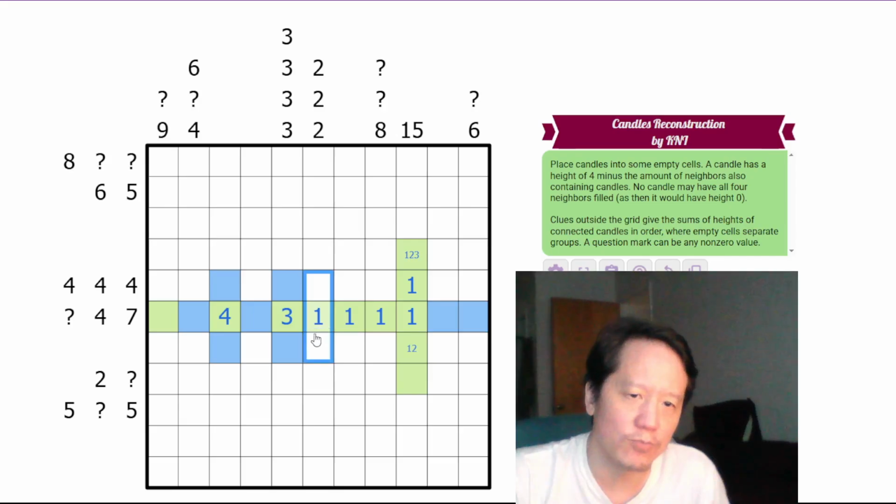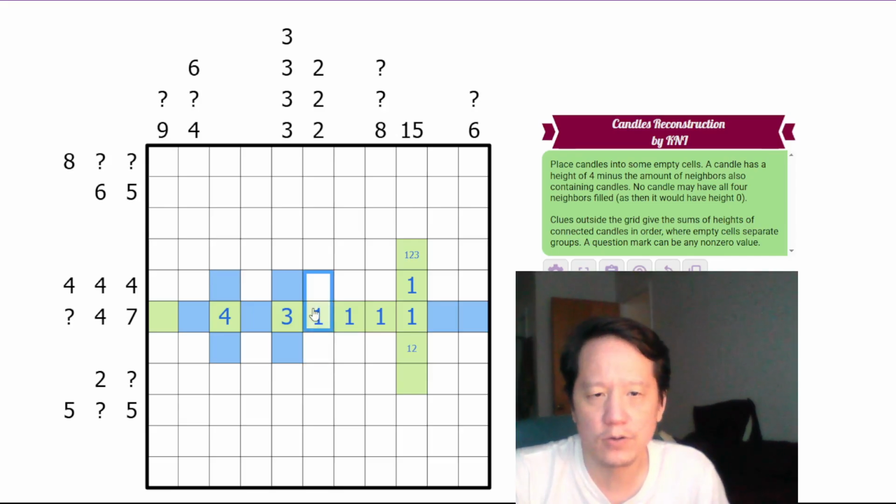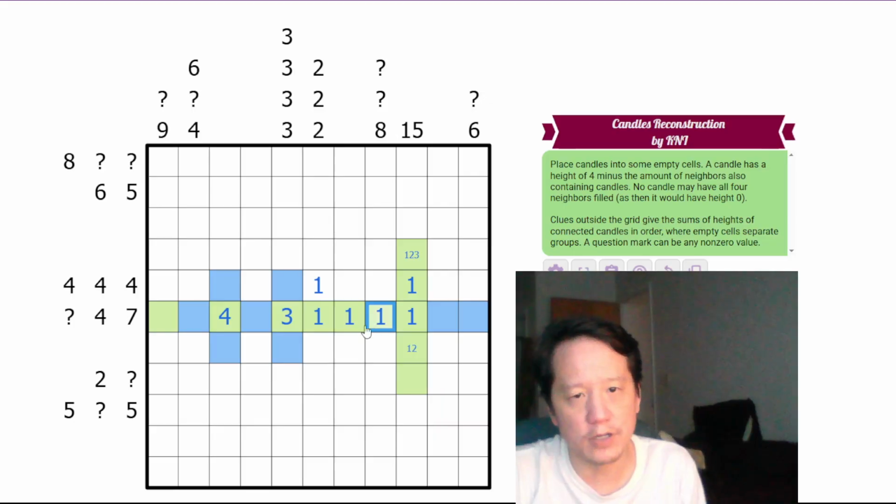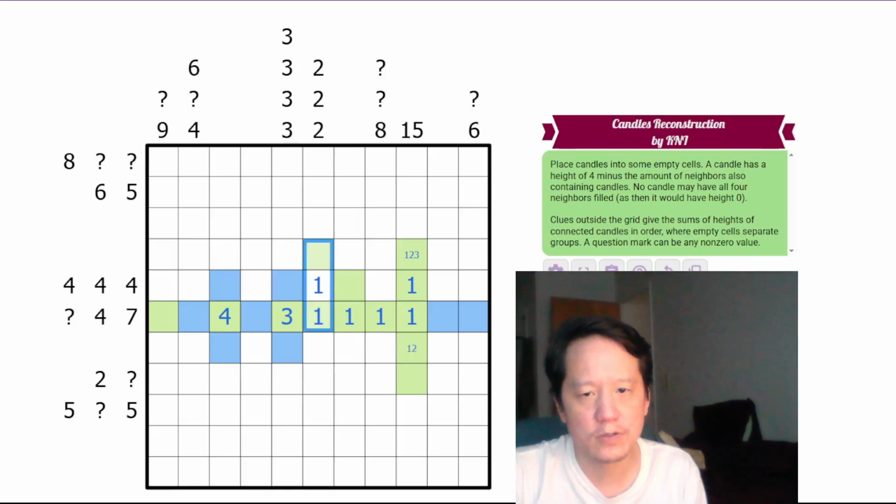So this would have to be 1 and 1 here. And that doesn't work. So say we had a 1 here. That's saying that the 3 of its neighbors have candles. So then these would all have to be candles, but then this wouldn't work. So we cannot have this be 3. It's 1 or 2 here.